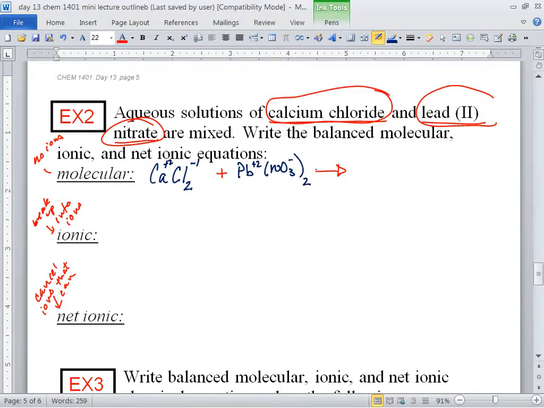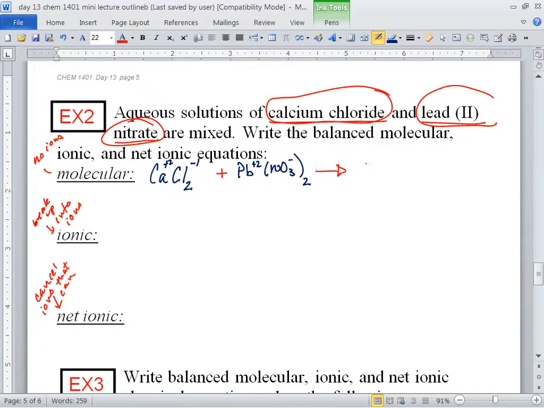Okay. So now what we do is we pretty much just switch them around. We combine the calcium with the nitrate. Combine the lead with the chloride. See that? You just switch the cations and anions around.